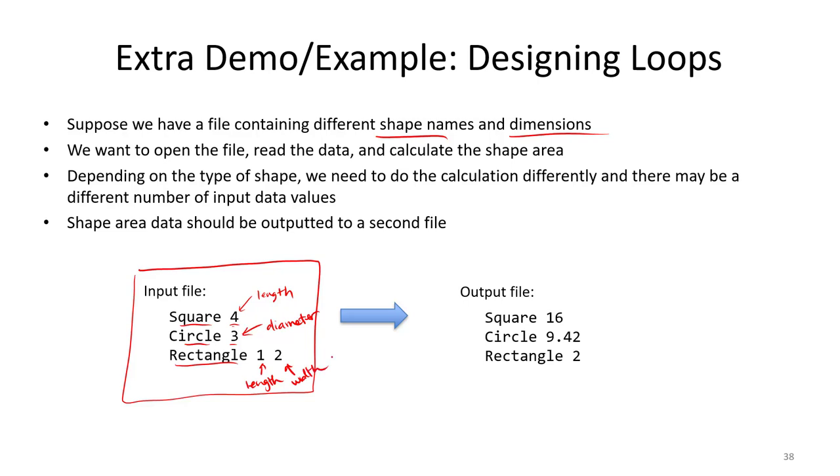This program is a little tricky because, yes, we want to open the file, read the data, and find our shape area, but depending on the type of the shape, we may need to do the calculation differently, and we may have a different number of inputs that need to be read from the file.